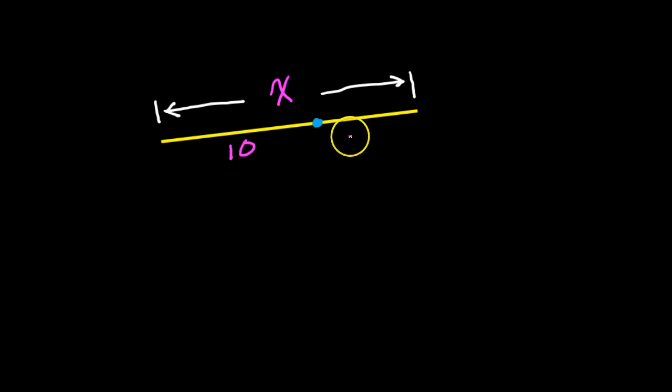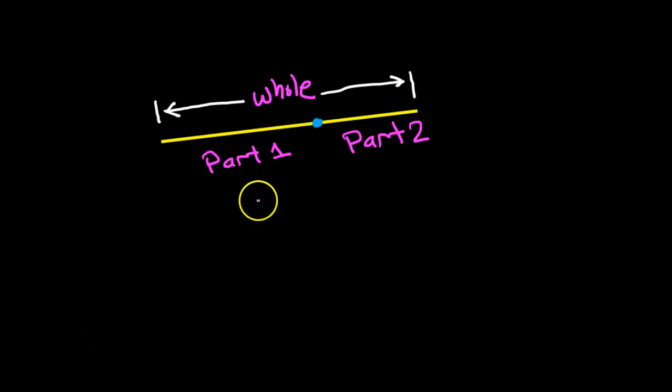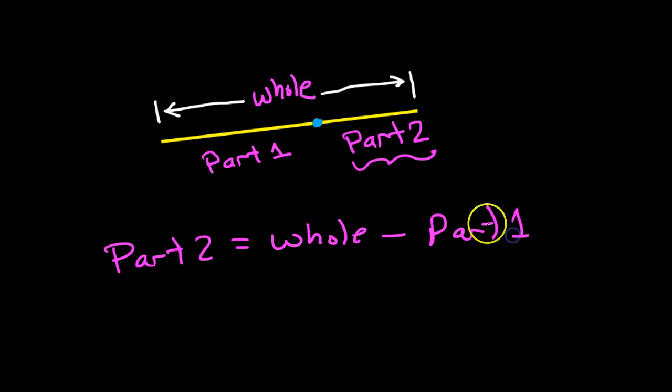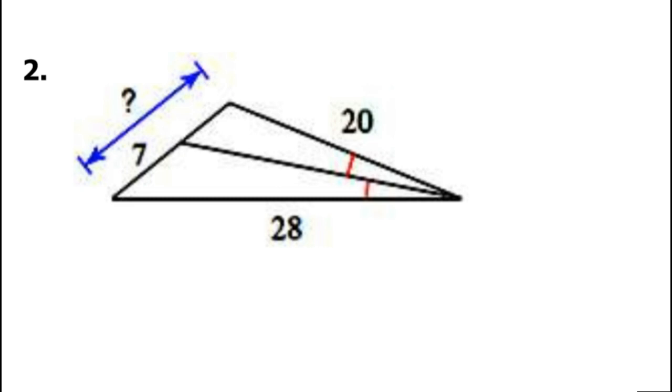So this would be x minus 10. So if you need to, you can think of the whole thing as a formula. If you need to find part 2, then part 2 is always going to be the whole thing minus part 1.